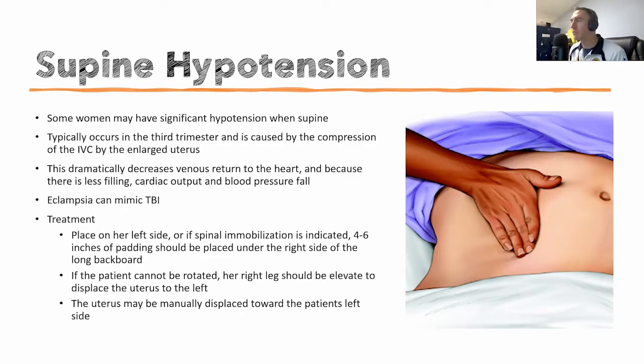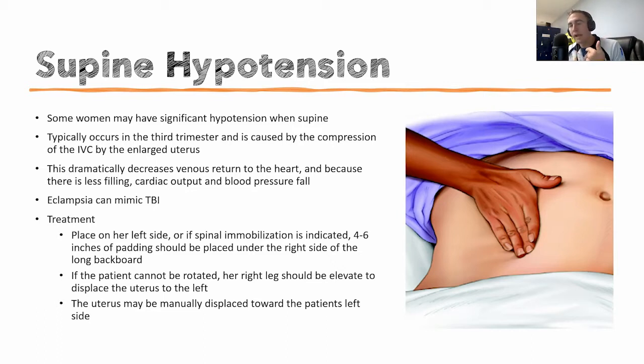Supine hypotension syndrome, or just supine hypotension, is a major concern in the patient with third trimester pregnancy, or anytime they have a gravid uterus, because when they lay flat, the gravid uterus can compress the venous return back to the heart, causing a decrease in cardiac filling and hypotension.